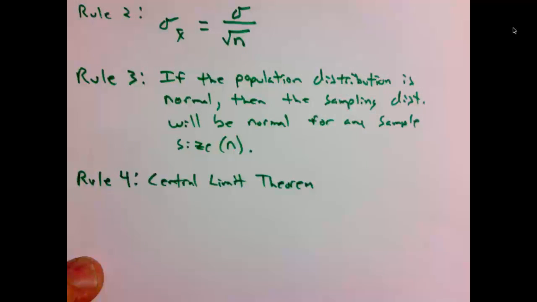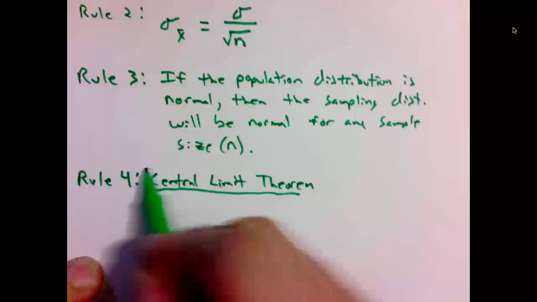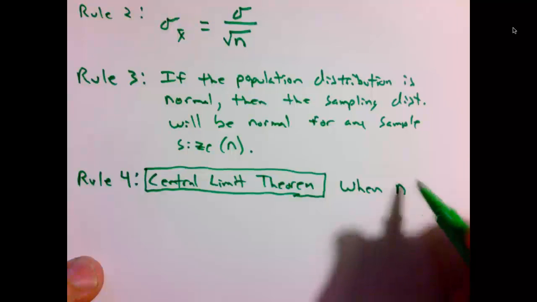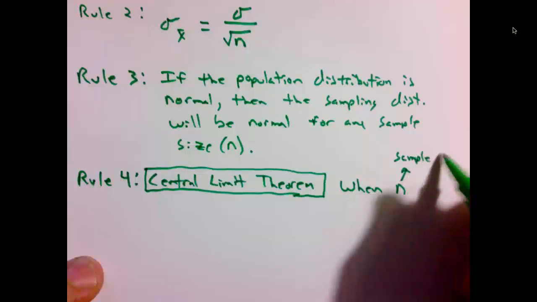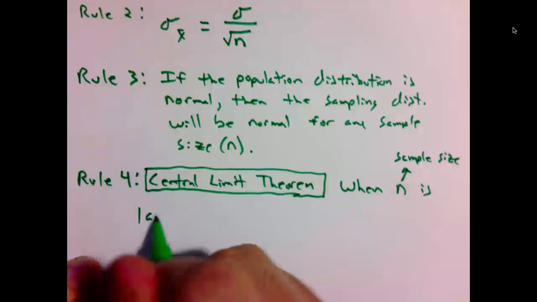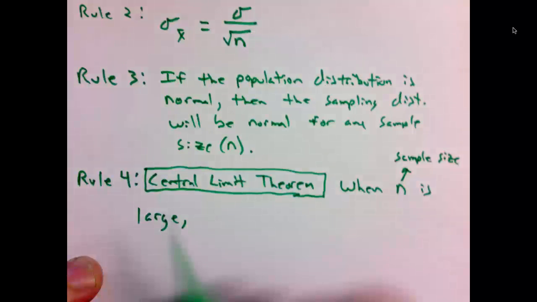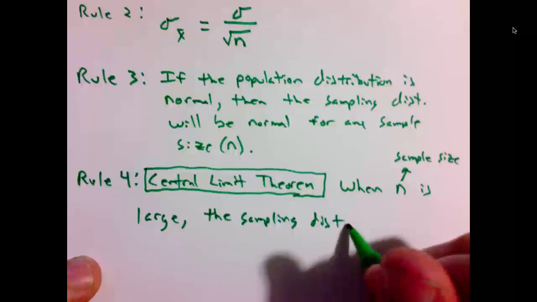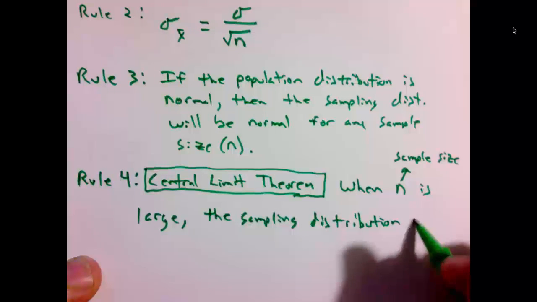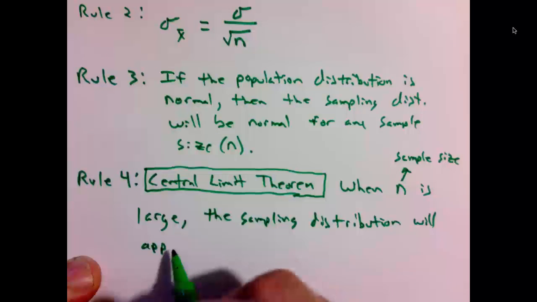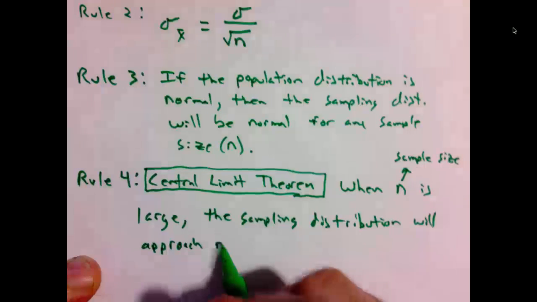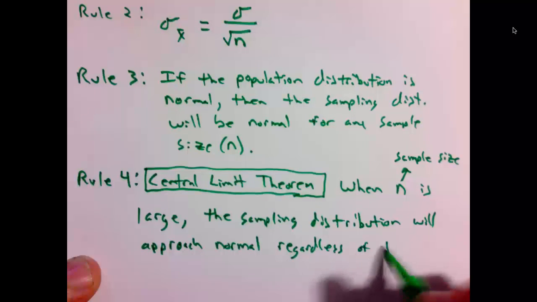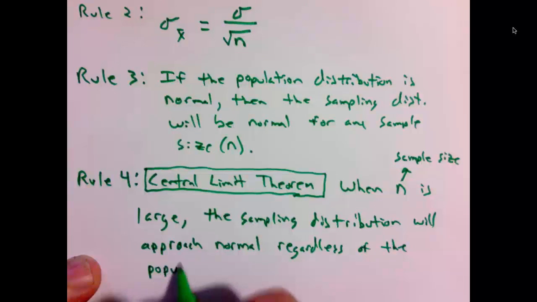The central limit theorem says, a very large idea in statistics, that when n, the sample size, is large, the sampling distribution will approach normal regardless of the population distribution.